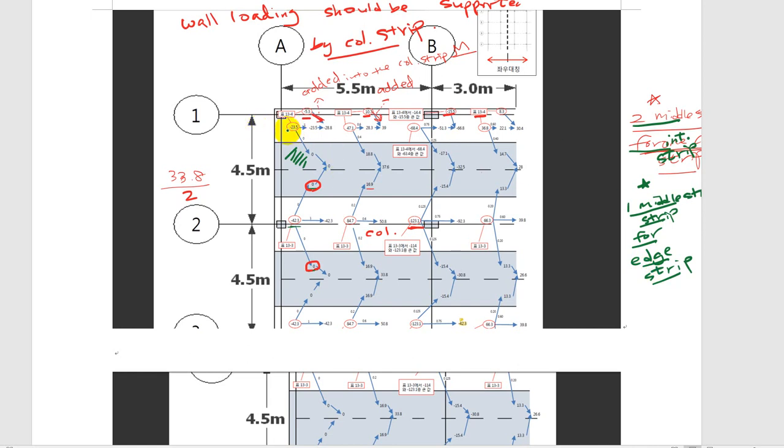So all this moment divides into column strip. So one column strip and one middle strip.